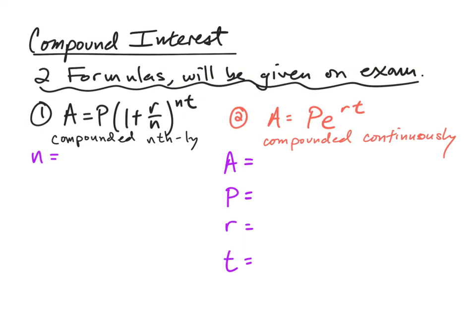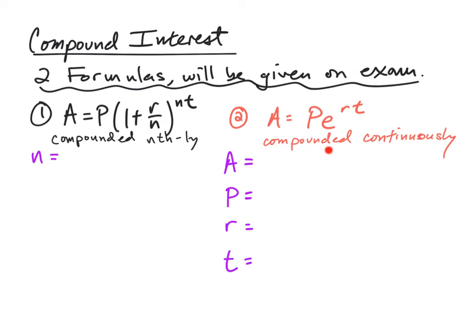The difference between these two is compounded n-thly and continuously. You can see this word compounded. That just means how often you would make or pay interest. If you're doing it n-thly, that could be monthly or weekly or yearly, things like this.